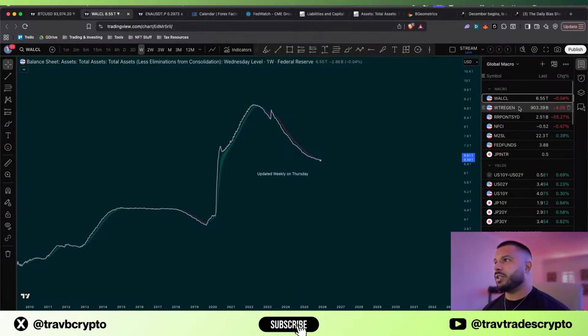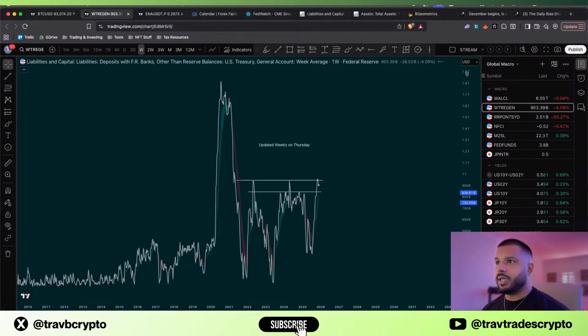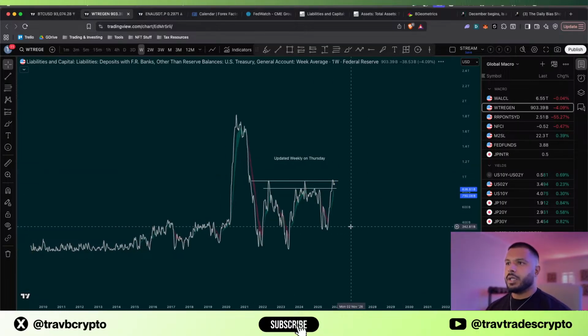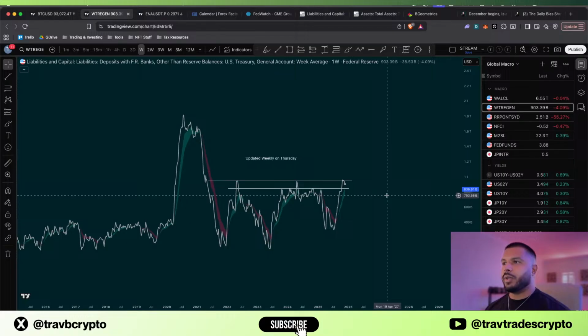Okay, so if we again look under the hood of net liquidity and go to the Treasury General Account, this is essentially the government's wallet. We've seen that they often fill to this $1 trillion level, which they've hit, and we've started to see the turnaround.